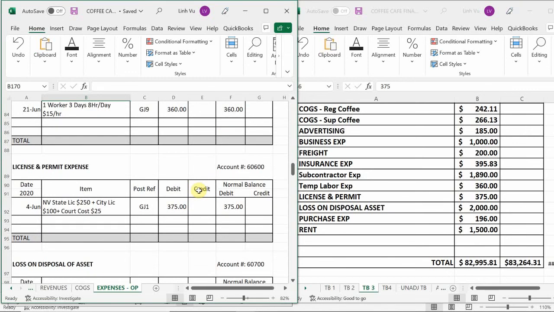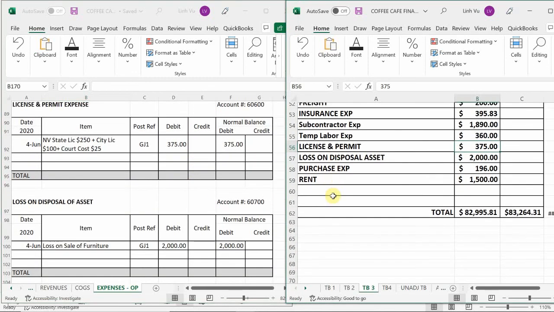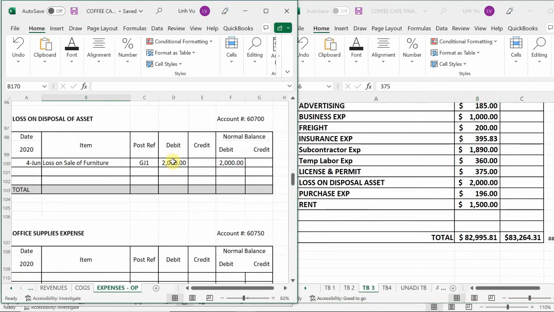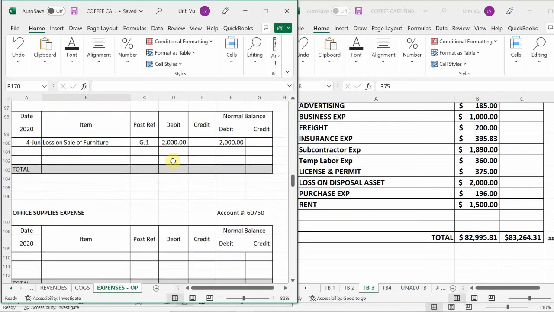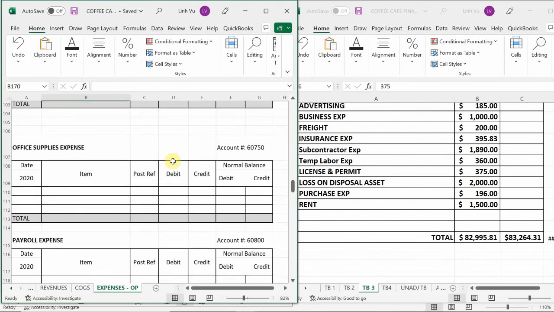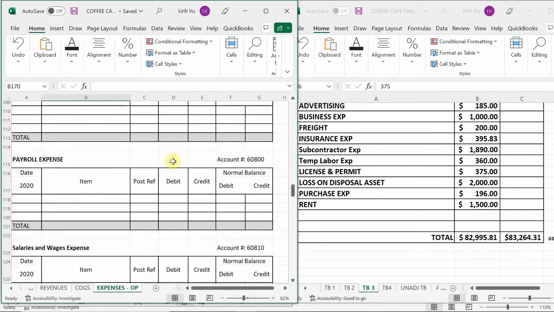Next is license and permit expense. Still the same at $375. Okay. Loss on disposal of asset. Still the same at $2,000. Okay. Office supplies expense. This is an adjustment entry, so nothing there.